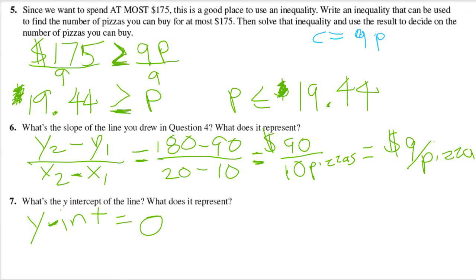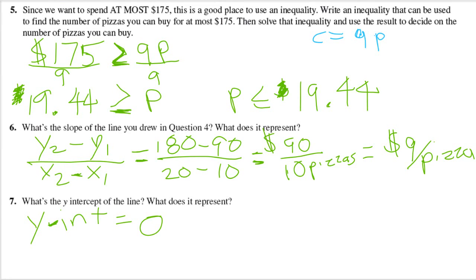What does it represent? In terms of the story, the y-intercept represents the cost for 0 pizzas. A lot of people will say the y-intercept represents where x is 0, or it represents where the line crosses the y-axis. Mathematically, those are correct.